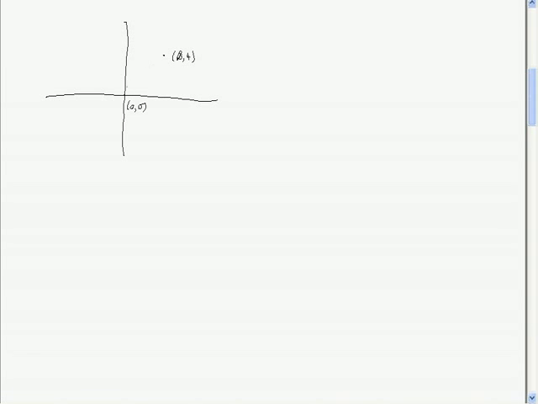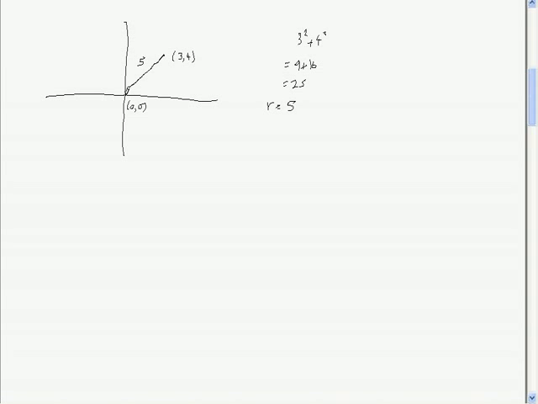That gives you a value of 25 if you add those two results. So 3 squared plus 4 squared is equal to 9 plus 16, which is 25, so therefore r is equal to 5. This length here is 5 units.